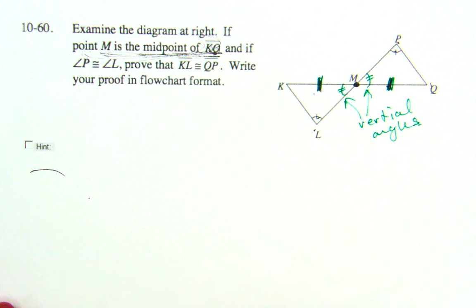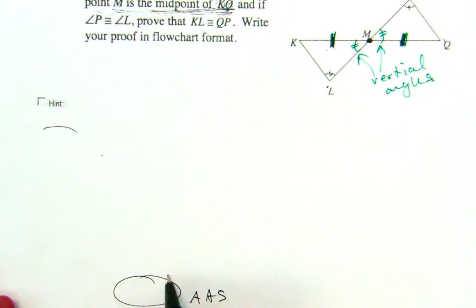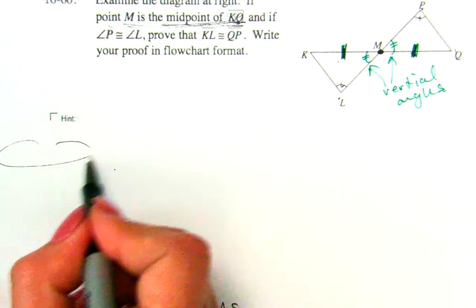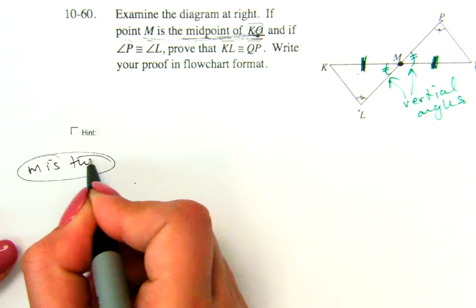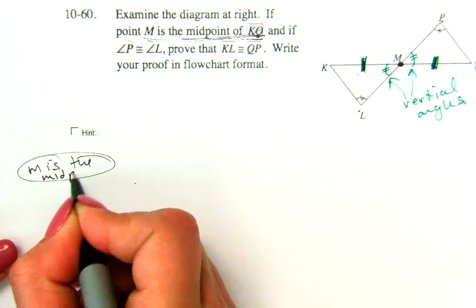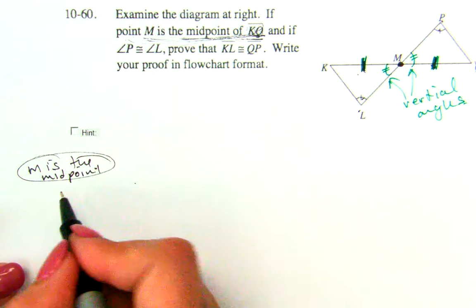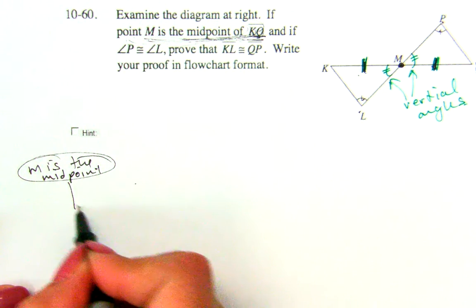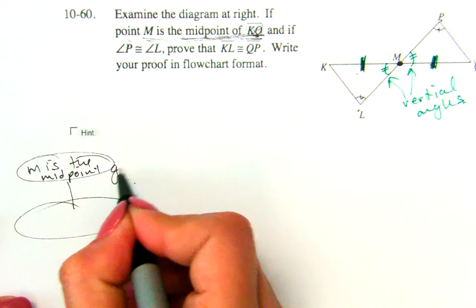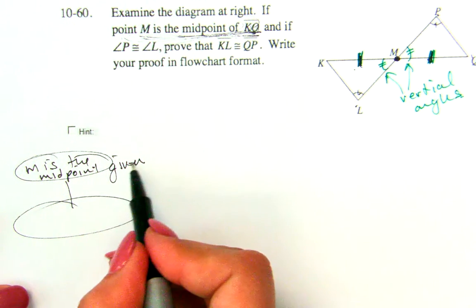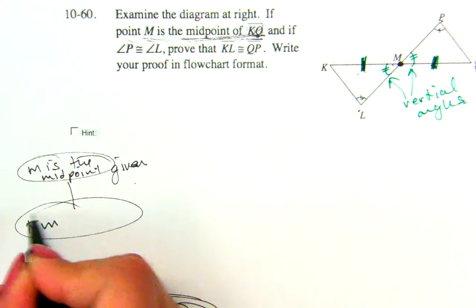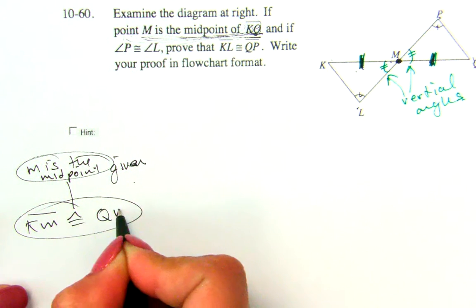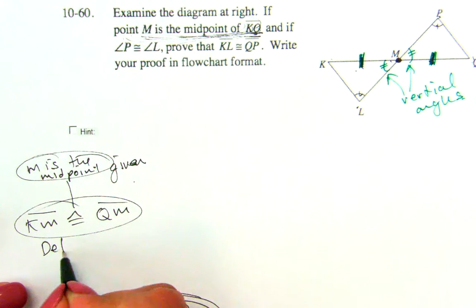Okay, so at least I know it's going to be angle, angle, side. I should probably make this bubble bigger. Okay, so what do we have? M is the midpoint. And that means, this is the given, that means KM and QM are equal. So KM is congruent to QM, definition of midpoint.